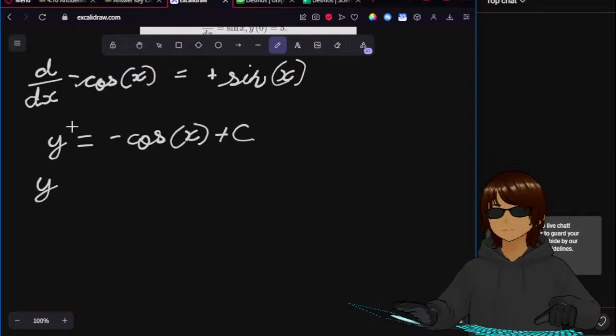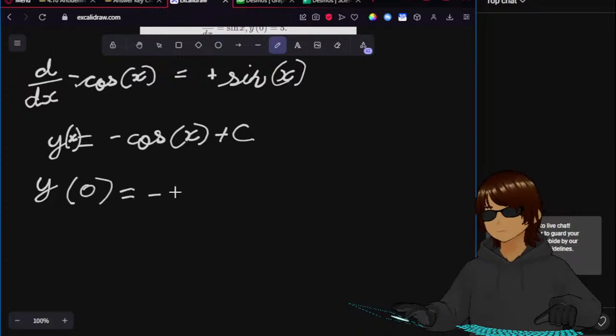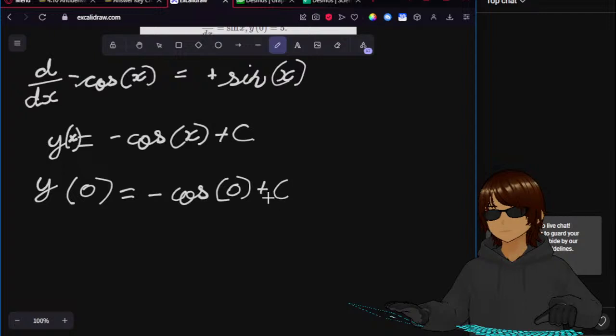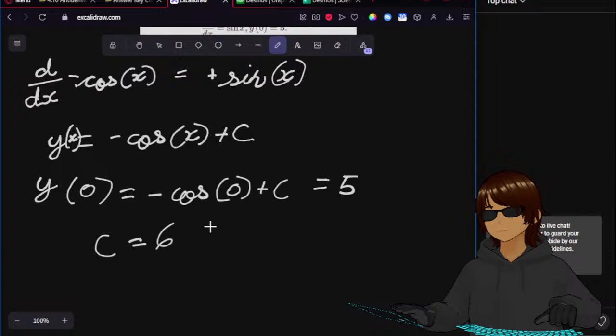So y of 0 is equal to minus cos 0 plus c, and this is 5. So cos 0 is 1, right? So c is 6.